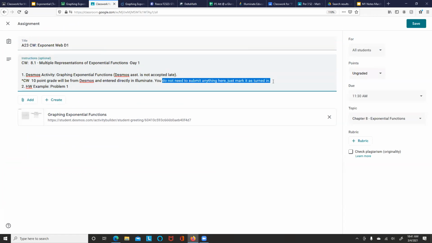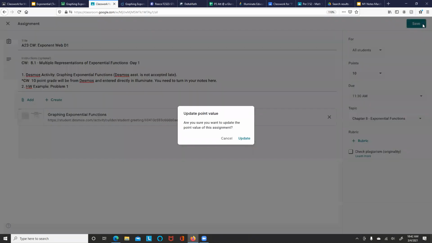You need to turn in your notes here because I forgot that we took notes. I need to change this as well. I'll change it to 10 points and I'll check for your Desmos here along with your notes. So your notes will be 5 points and your Desmos will be 5 points, for a total of 10. You have to submit both to get 10 points. All right.